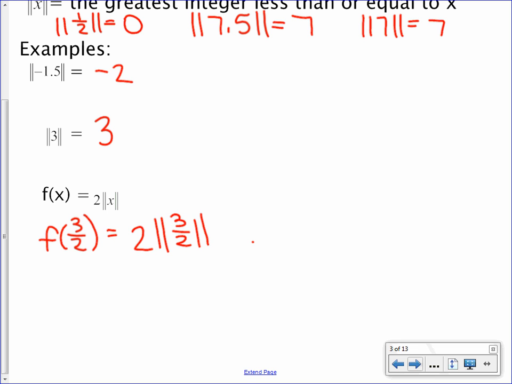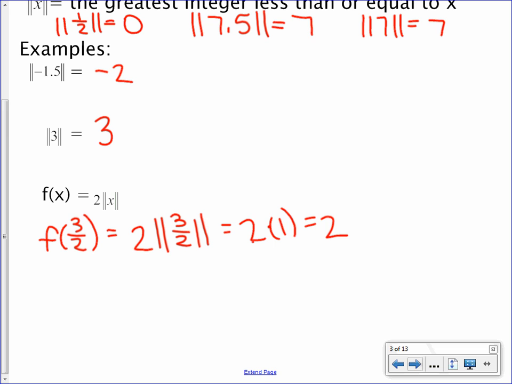Just like an absolute value, you need to evaluate the greatest integer function first before you can multiply it by 2, kind of like our parentheses rule. So what is the greatest integer of 3/2? 1. So this is 2 times 1, which is 2. Do not distribute that 2 into that notation, okay? So just be careful with your order of operations.